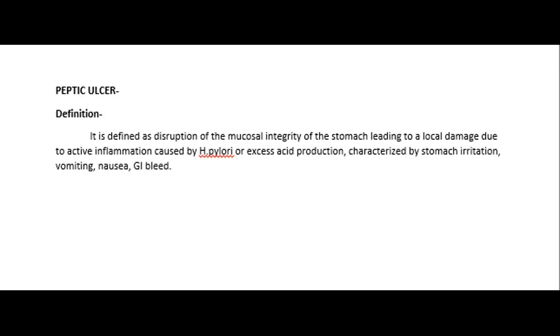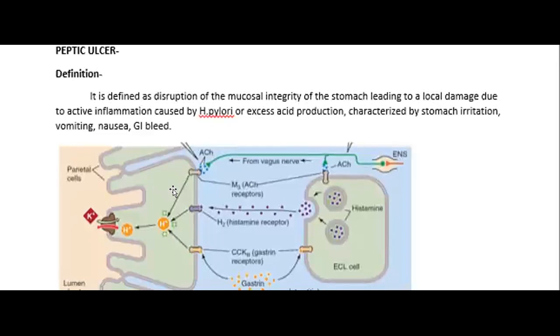Before understanding how this etiology occurs, first we need to understand how acid production occurs. For this, I have a diagram for you. We have two types of actions for producing acid: one is the direct pathway and the other is the indirect pathway.